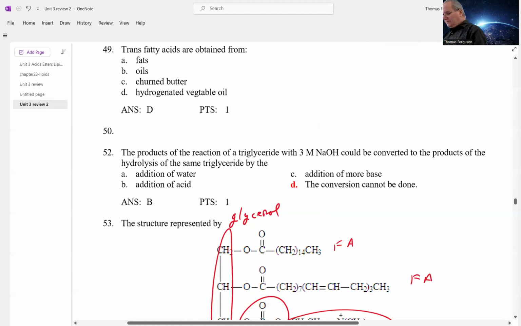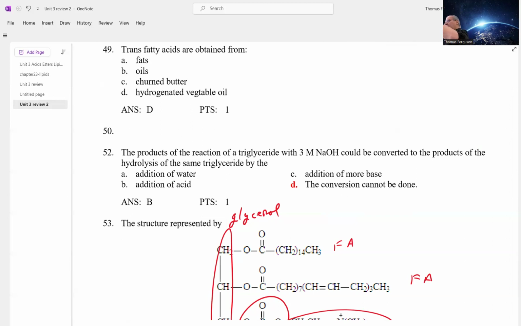Okay, the products of the reaction of a triglyceride with sodium hydroxide can be converted to the products of the hydrolysis of the same triglyceride. That's called saponification. Saponification is when the ester comes apart. So number one, you have to have an ester.